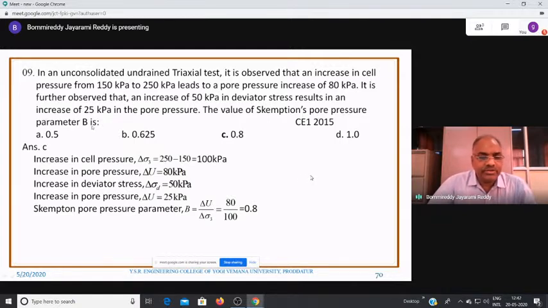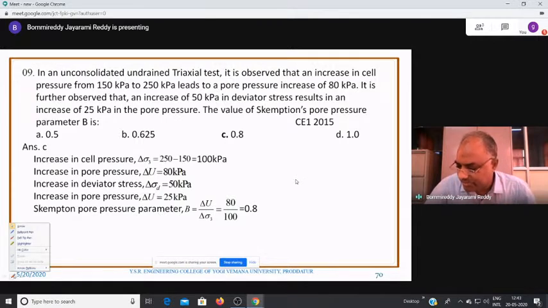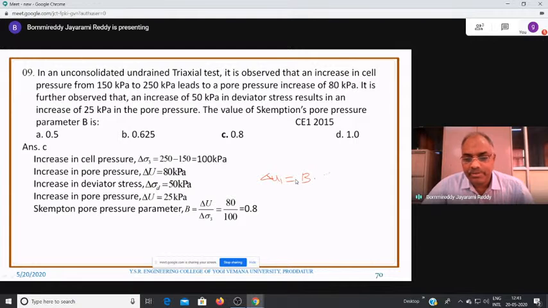You know that there are two Skempton parameters, A and B, and the question is for finding B. Already you know the equation delta U1 equals B multiplied by delta sigma 3. From that equation, directly you can find the value, which is 0.8.